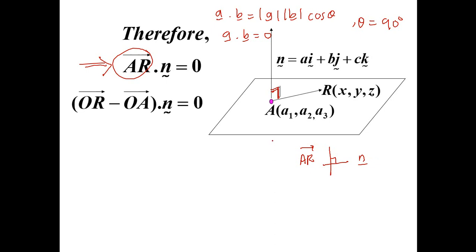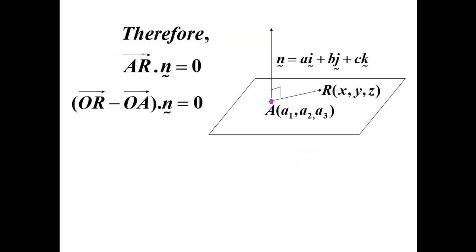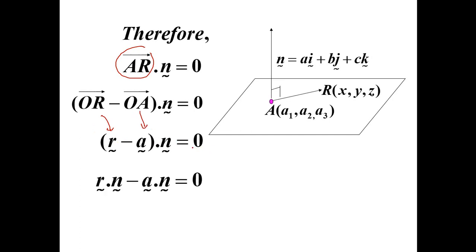Then vector AR comes from position vector OR minus OA, dot n is equal to 0. Expand: I will change OR to vector r and OA to vector a, so (r minus a) dot n is equal to 0.